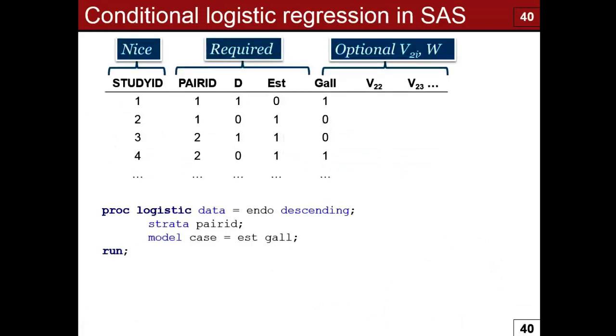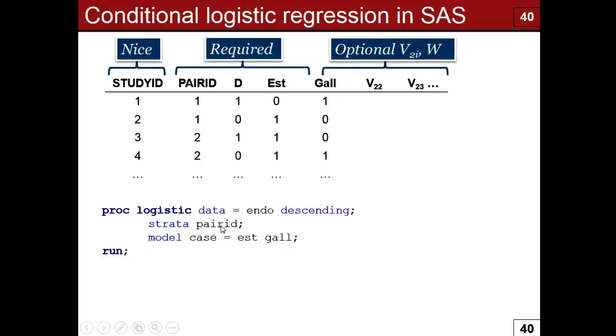And this is what we do in SAS that's a little different. The model goes like this: model case equals est in gall, where est is the estrogen exposure variable, and gall is gallbladder disease history. This is our exposure, and this is our V2-1.